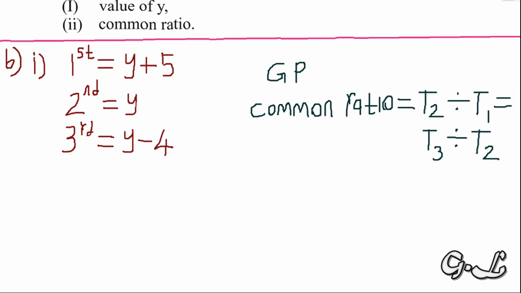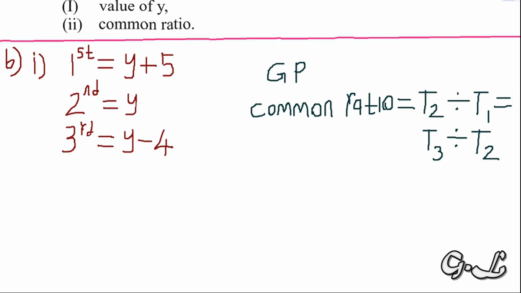So in GP, the common ratio can be found by using the formula T2 divided by T1. Now, if the common ratio is constant throughout the GP, then T2 divided by T1 is equal to T3 divided by T2.